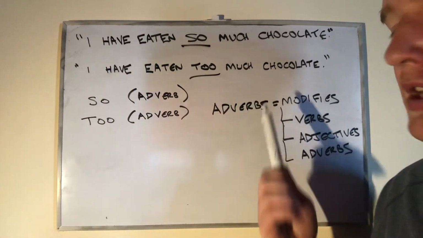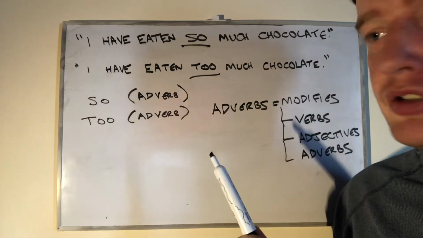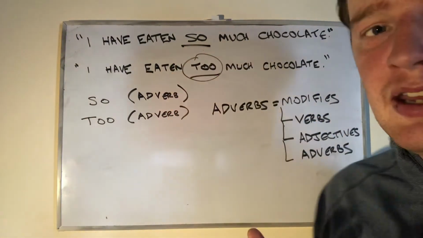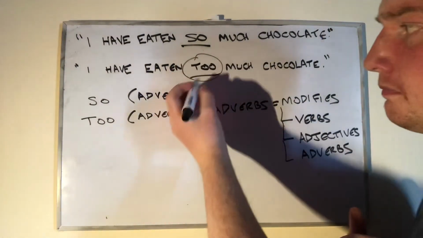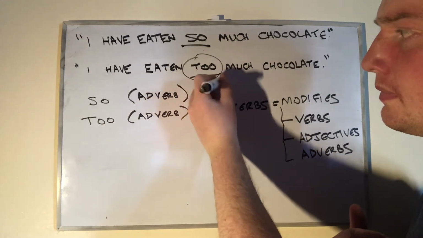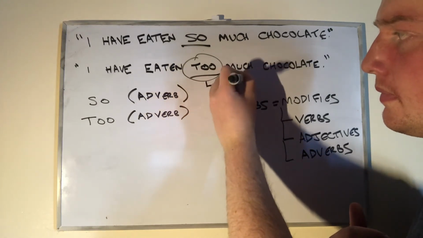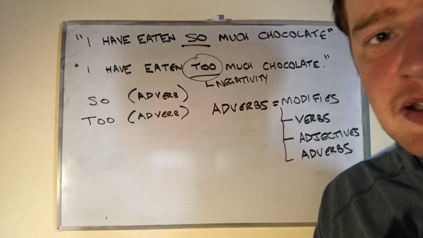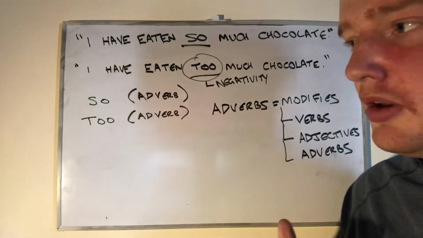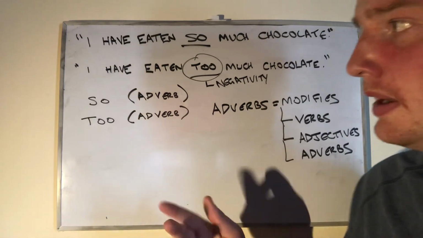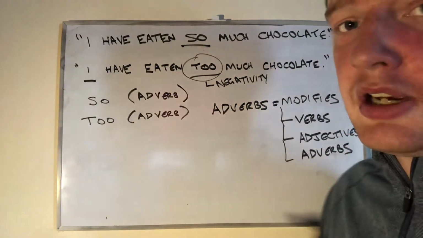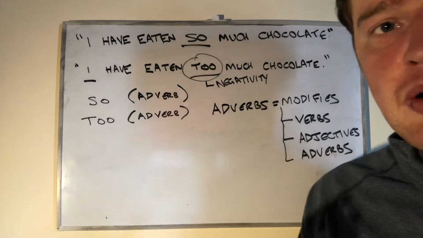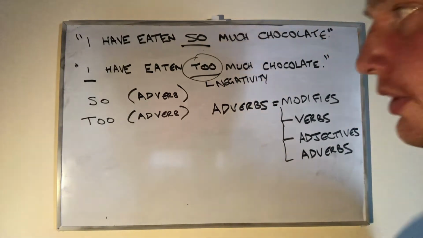Not only is the amount of chocolate that's eaten large, too implies some kind of negativity. That is, there's an opinion being indicated here, a negative opinion, or in other words, a criticism. And given that the subject of the sentence is I, it's a criticism of oneself and one's own behaviour.